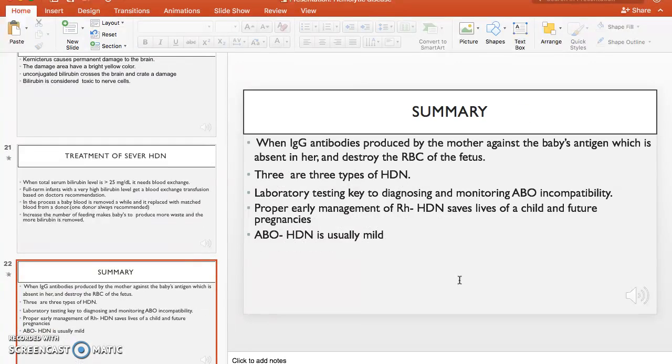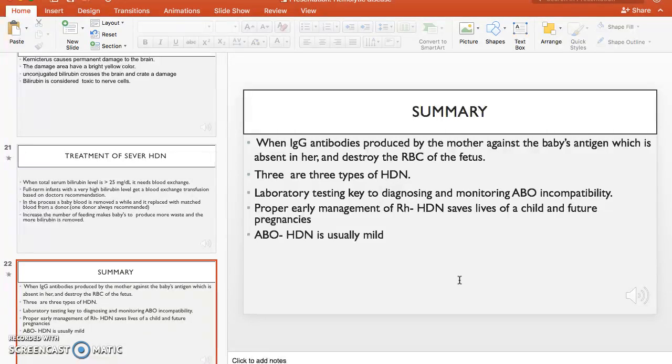To summarize all this, IgG antibodies are produced by the mother against the baby's antigen, which is absent in her, and destroy the red blood cells of the fetus. There are 3 types of hemolytic disease in the newborn: ABO incompatibility, Rh incompatibility, and hemolytic disease of the newborn other than anti-D.